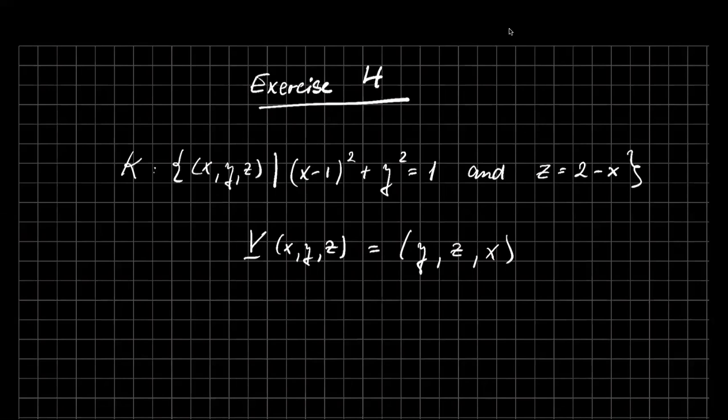So what we need in order to get started is a parametric representation of K. If you look at the first part defining K, you can see that in the XY plane, this is a circle centered at (1, 0) with radius 1. And we know how to do this.